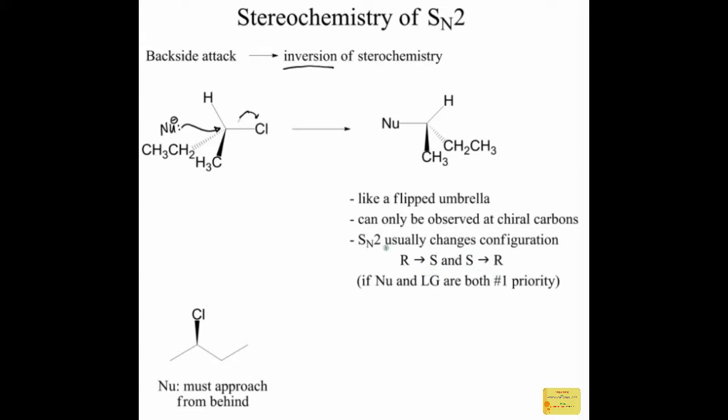Okay, now I say usually, that's not always true, because this assumes that the 4 groups you prioritized in the beginning have essentially the same priorities in the end. And that's most often the case.